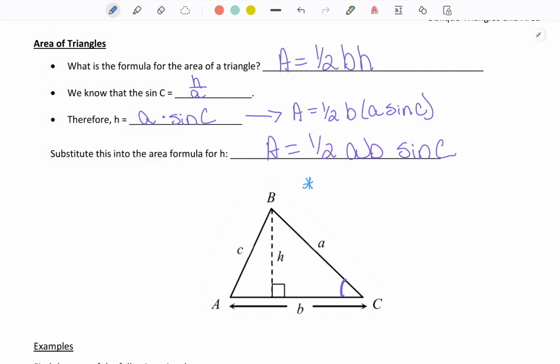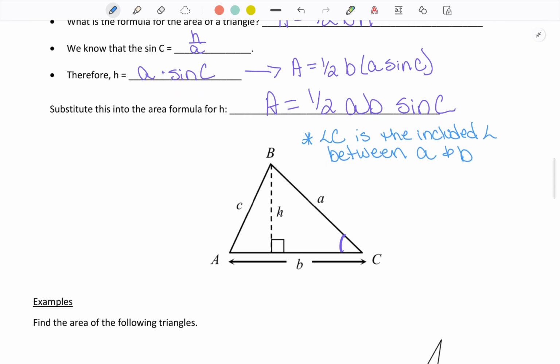You do have to have angle C be the included angle between A and B. So angle C has to be that included angle. Okay.